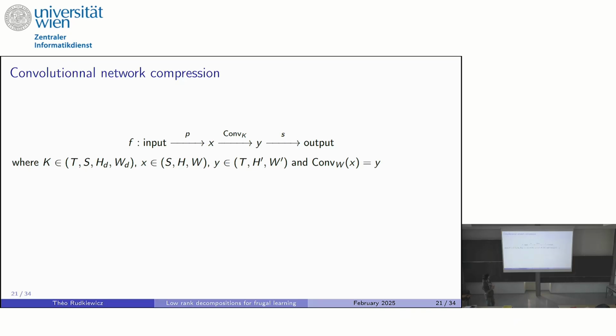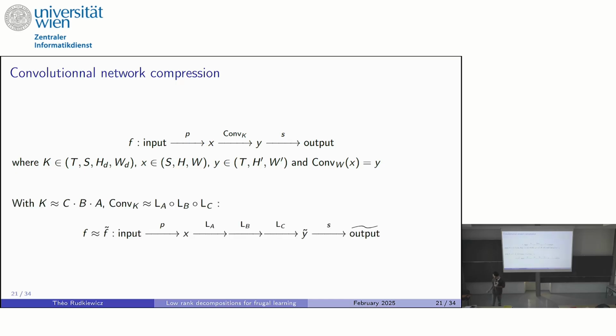So we have a convolution kernel K of this size, where H and W are the size in the space, and again, we approximate our kernel K by a series of products of smaller tensors or smaller matrices, and we could replace the convolution by a series of layers. Here I don't specify how they are multiplied and which layer it is, because it depends on the decomposition we choose.